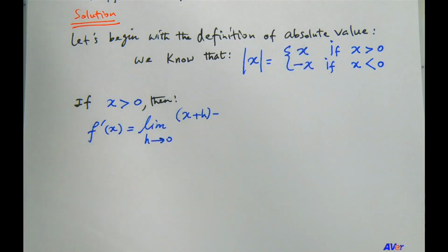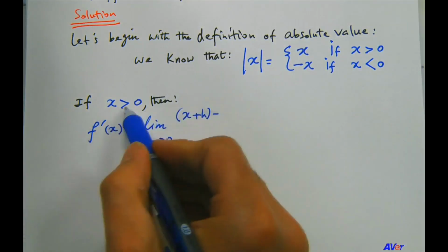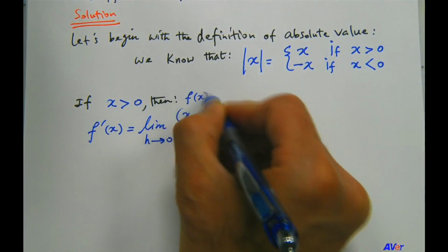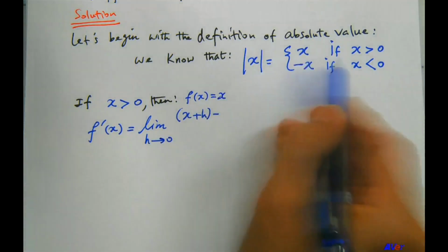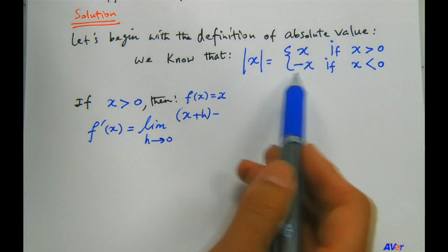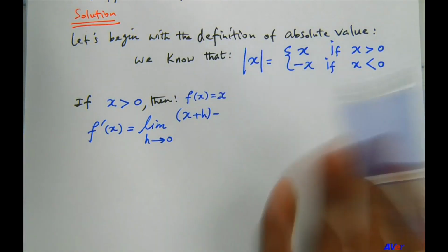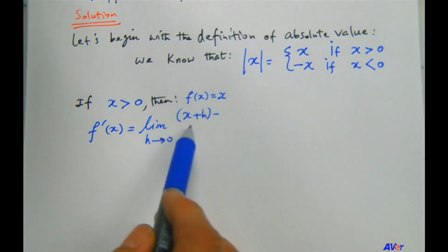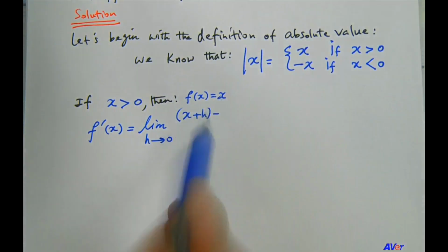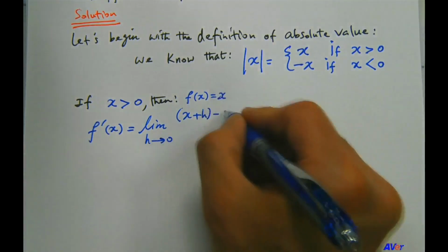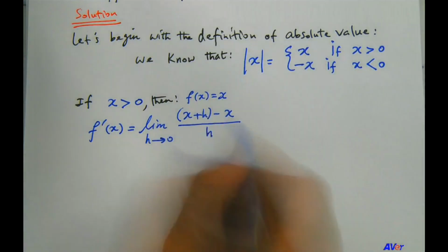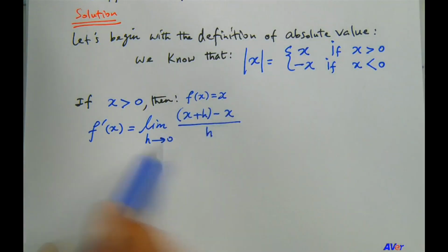So let me actually, so if x greater than 0, then f of x is equal to x, according to this definition of absolute value, which we begin with, right? So we're dealing with this scenario, in which case we substitute x with x plus h, and then minus x, of course, divided by h, as the limit of all this difference quotient as h goes to 0.